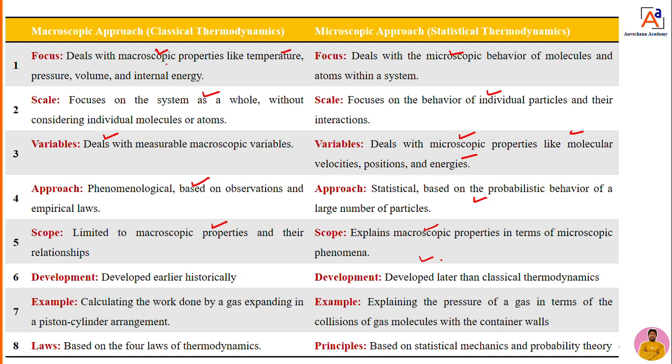Hence the microscopic approach we call a statistical approach or statistical thermodynamics, whereas using simple equations we call classical thermodynamics. The macroscopic approach was developed earlier historically, but the microscopic approach was developed later than classical thermodynamics. Okay, this is the difference between macroscopic and microscopic approach.